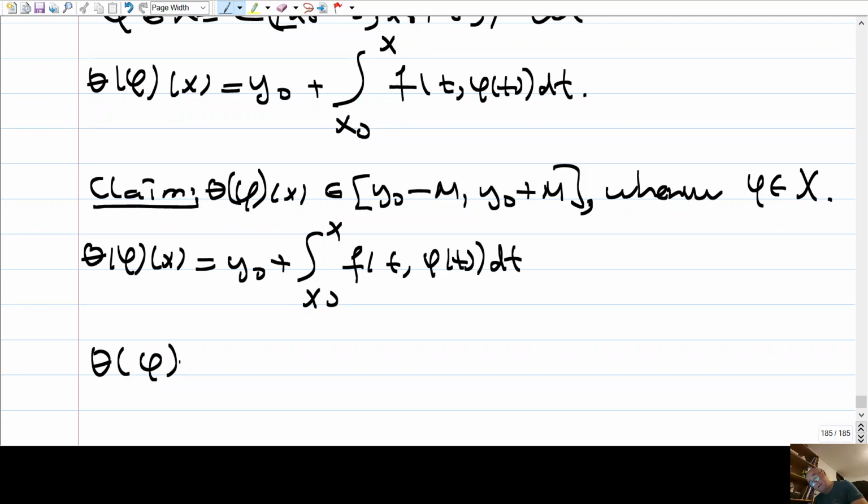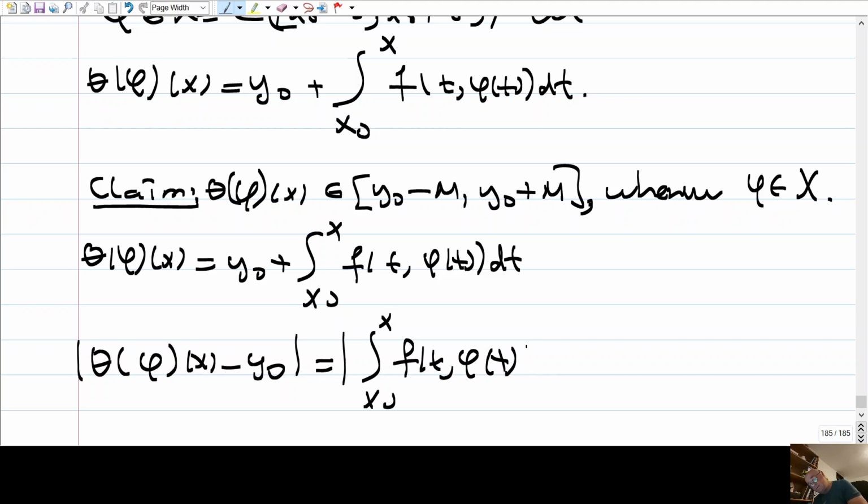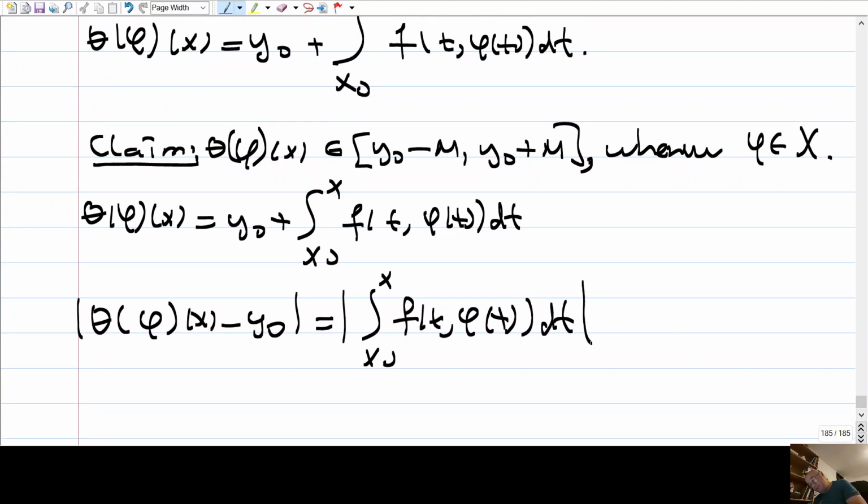Theta phi x minus y0 in absolute value is equal to the absolute value of this integral. But you see, this integral is less than what?